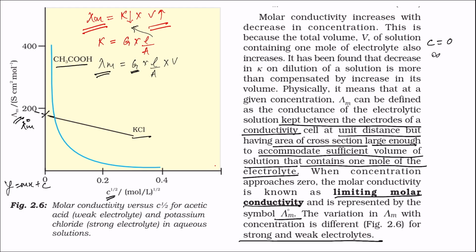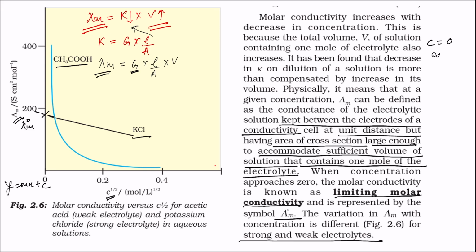The graph of acetic acid, a weak electrolyte, cannot be extrapolated because it is a curve, and it can be seen that the graph of acetic acid is almost parallel to the y-axis. So it cannot be extrapolated to get the limiting molar conductivity. Therefore, to get the molar conductivity at infinite dilution for weak electrolytes, Kohlrausch's law is used.